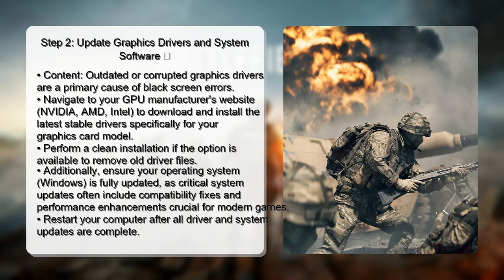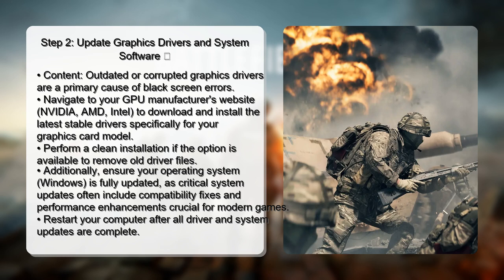Step 2: Update graphics drivers and system software. Outdated or corrupted graphics drivers are a primary cause of black screen errors. Navigate to your manufacturer's website, NVIDIA, AMD, or Intel, to download and install the latest stable drivers specifically for your graphics card model.